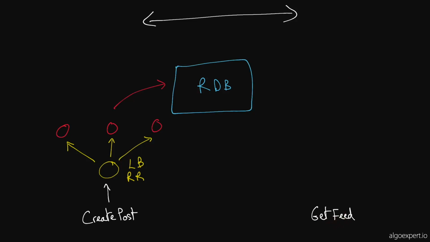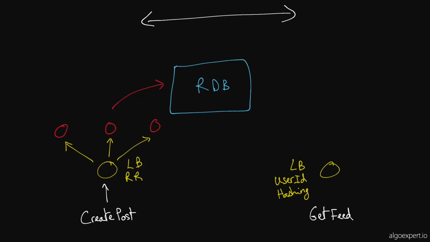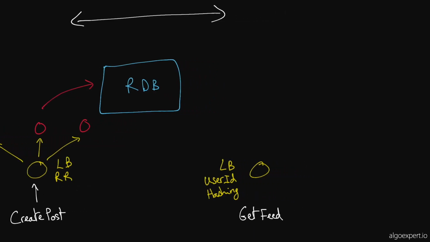So I guess I'll write here we have a load balancer that is hashing the user IDs, for example. Let's say that we track user IDs. So user ID hashing. And here we then have a bunch of shards, which I'll write in blue to show that they are storing news feeds.